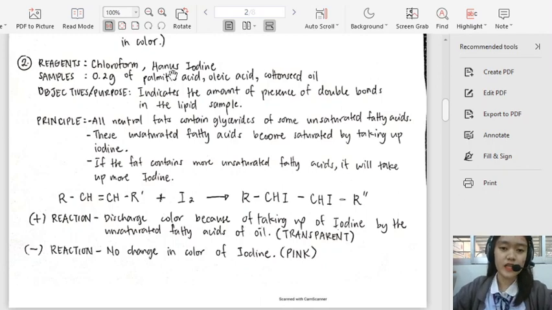So, ang color kasi ng iodine is color pink. So, nawawala yung color niya kasi, tinitake up yung iodine molecules ng inyong samples. Okay? So, kapag tinitake up niya, the same way doon sa first subtest, nawawala yung kulay na pink.